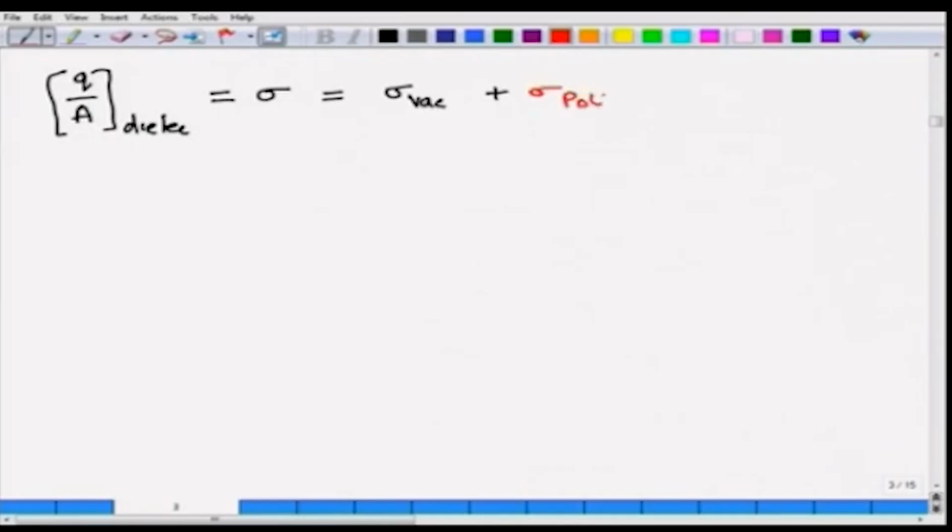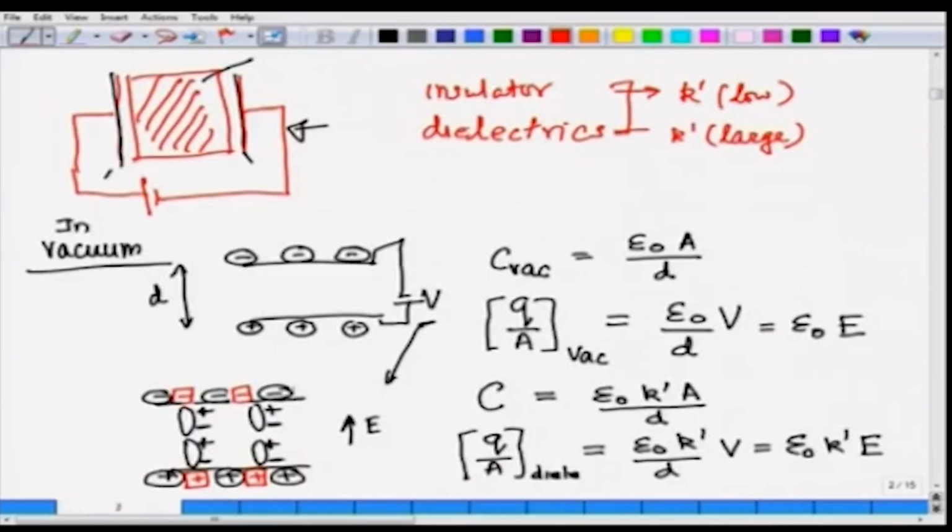What do I mean by that? What I mean by that is that this black charge which you are seeing here corresponds to this Q by A, which is sigma vacuum. That is sigma vacuum, and this is sigma, the total surface charge we get when you insert a dielectric.